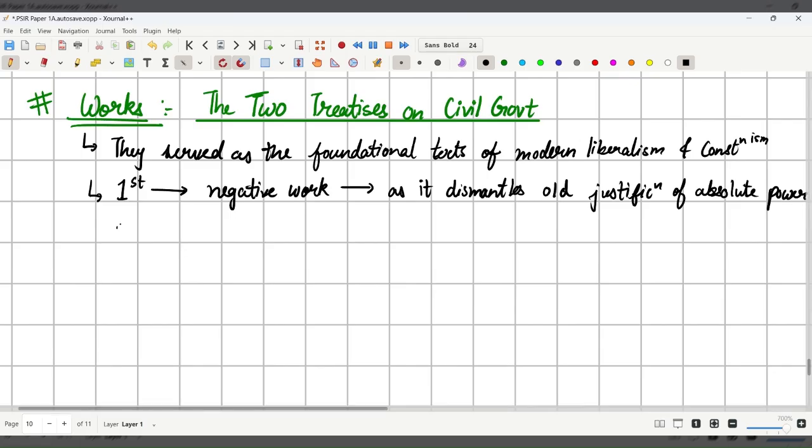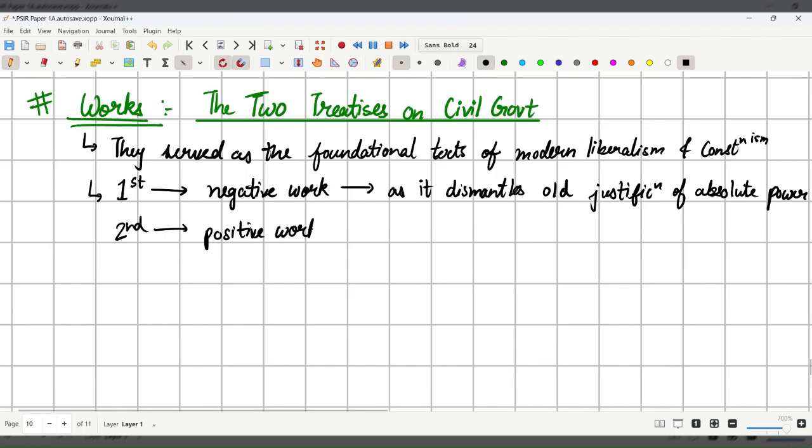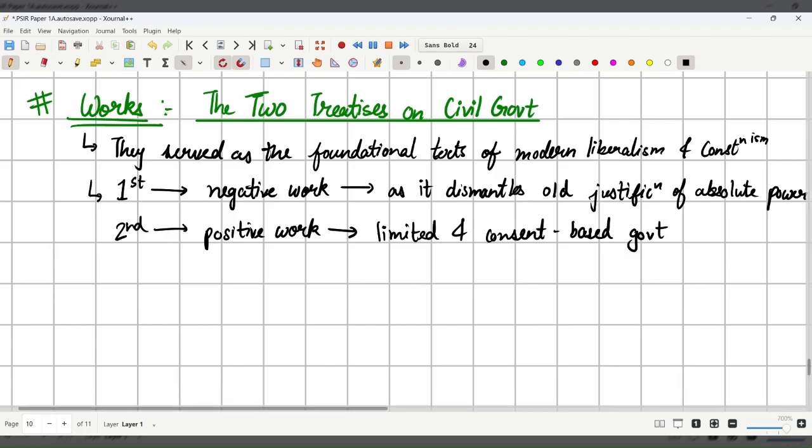Then the second treatise is a positive work. Why? Because in his second treatise, Locke builds the theoretical framework for a limited and consent-based government. So these are his two works.